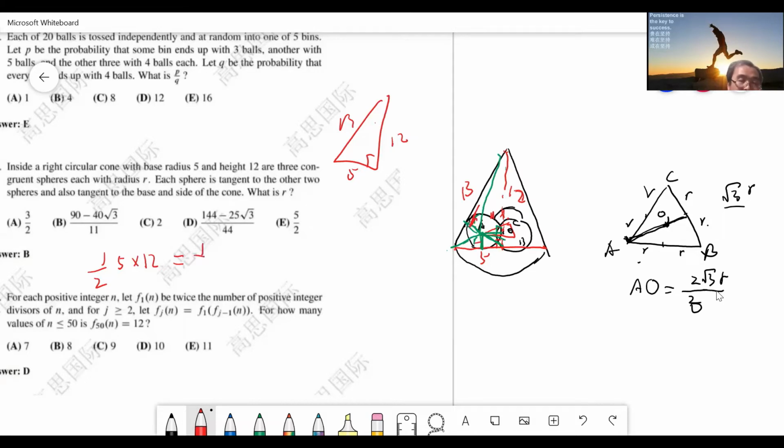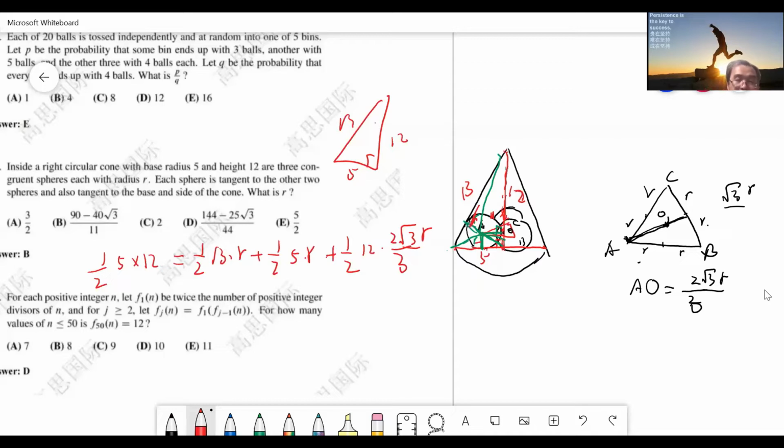The first one is half of base 13 times height r, plus half of the small triangle at the bottom, with base 5 times height r, plus 1/2 times base 12 times height AO. AO is 2 square root 3 over 3 r. Then we need to simplify this.